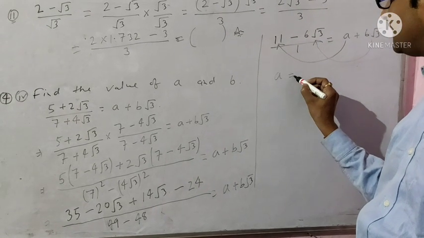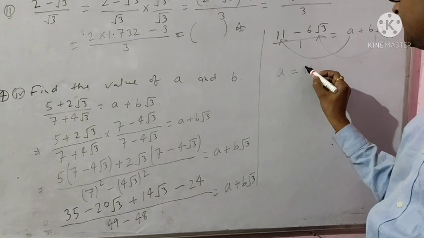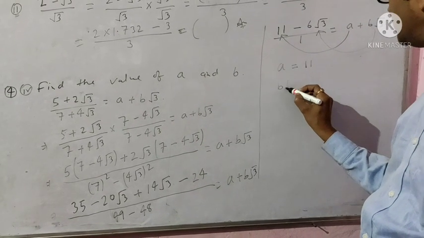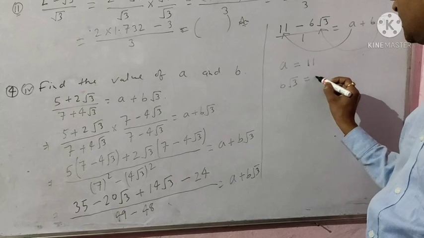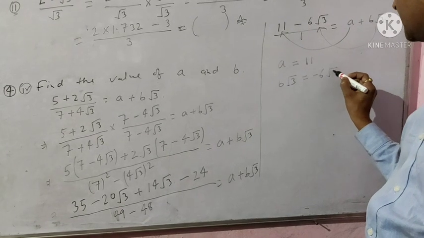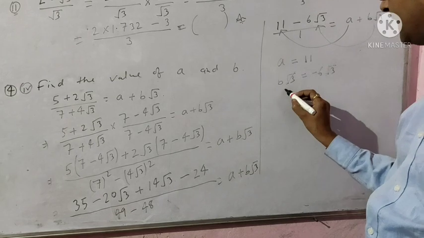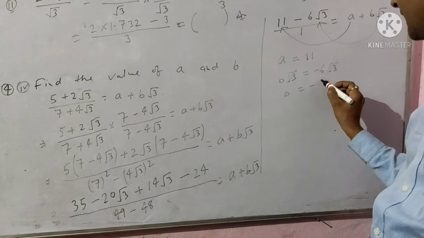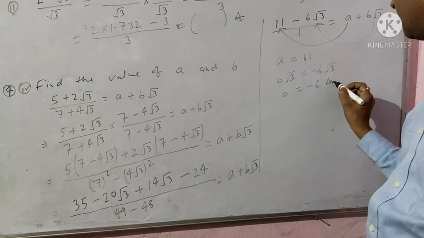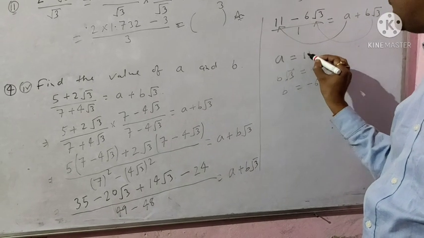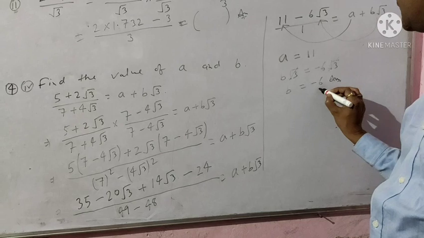So we can write a is equal to 11, and b root 3 is equal to minus 6 root 3. So root 3 is cancelled, then b is equal to minus 6. This is your final answer. So we have two values, a is equal to 11 and b is equal to minus 6.